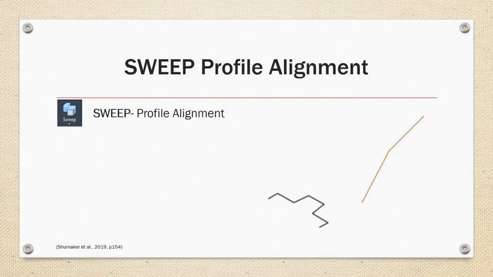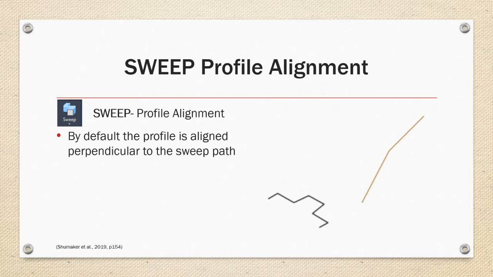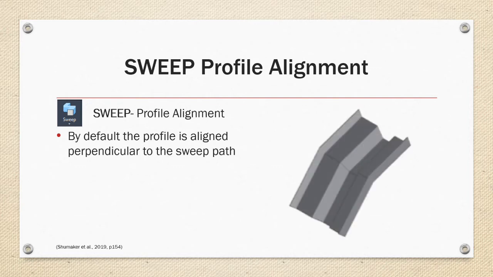The sweep command in AutoCAD includes different alignment settings that control the end condition of the swept entity. By default, the profile is aligned perpendicular to the sweep path, as shown on the right.